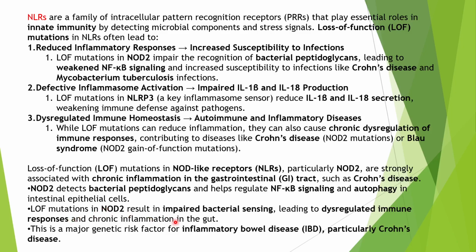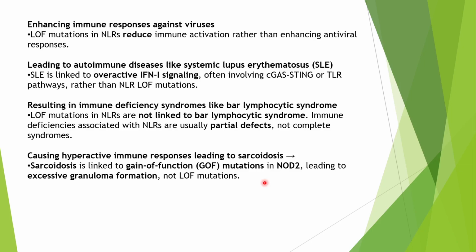It also results in impaired bacterial sensing because it is unable to detect the peptidoglycans, which leads to a dysregulated immune response in the gut, leading to chronic inflammation. So this is a major genetic risk factor for inflammatory bowel disease, that is IBD, and Crohn's is also one of the IBDs.